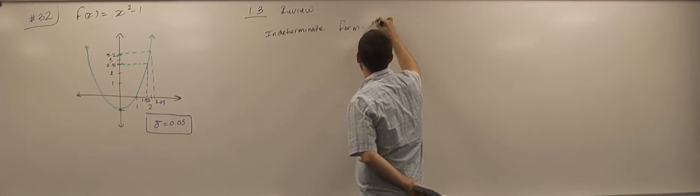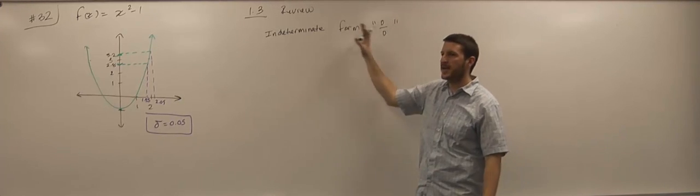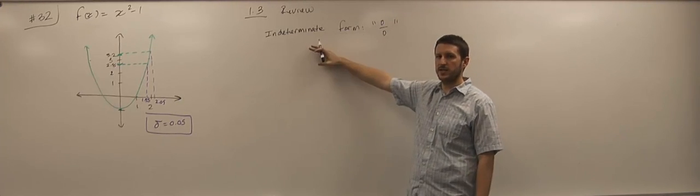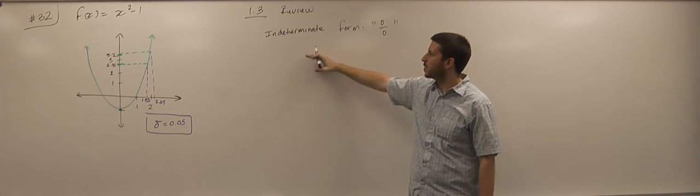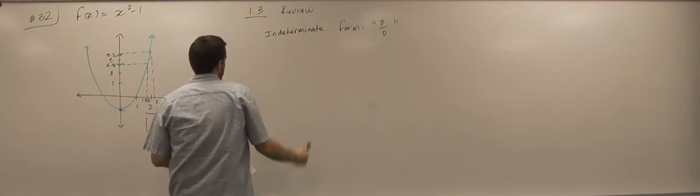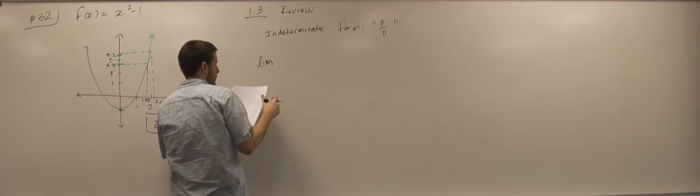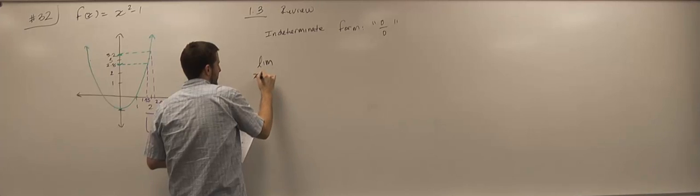When you plug your x value into your limit and you get 0 over 0, that's called an indeterminate form because we don't really know what the limit is still. I wanted to give you a couple of review problems here that deal with this form.